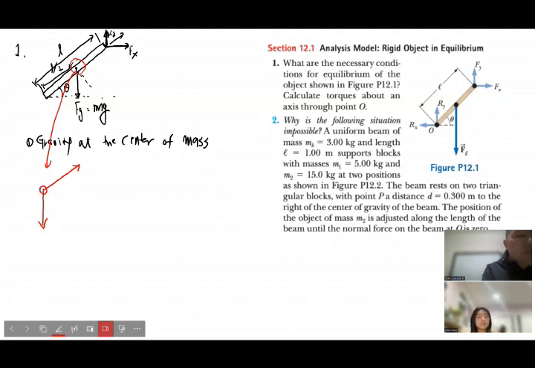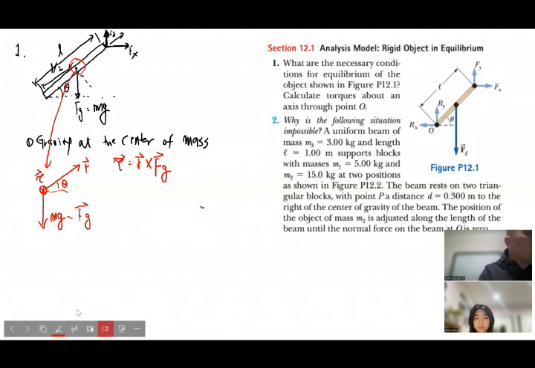So the torque on that spot will be mg times theta, where r is the radial vector and Fg is the gravitational force. The torque itself is the radial vector r cross product F, the gravitational force.